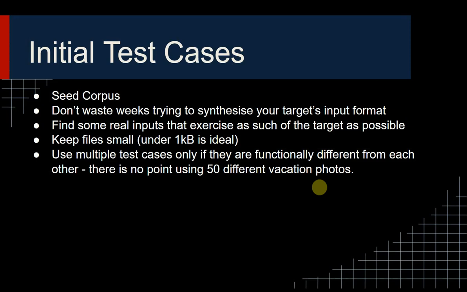Whenever you have examples, because your application is taking standard file types, then you can use some of those standard file types. It's good to keep files small, so under 1 KB is ideal. And it's absolutely useless having different test cases if there's no difference in the functionality. So there's no point in using 50 different vacation photos if every single vacation photo tests exactly the same steps in the code as the other ones.